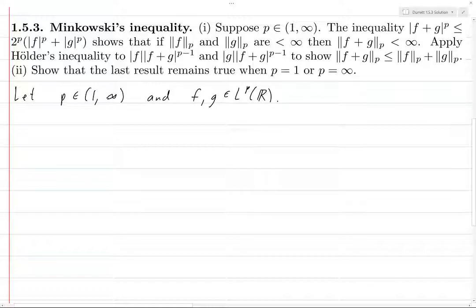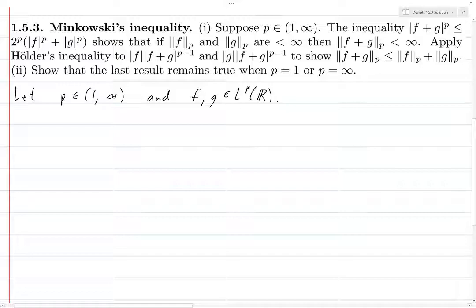We always assume that the codomain is R, and we also assume this is the space of functions whose p-norm is finite. So it says here in the problem that the p-norm of f and the p-norm of g are finite.